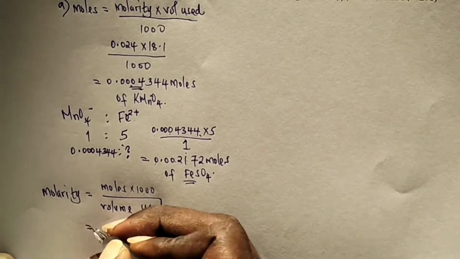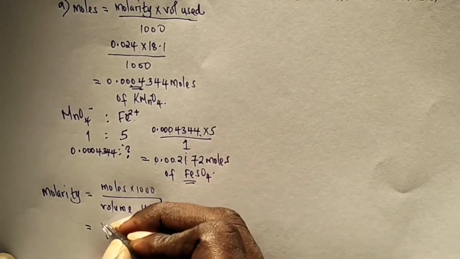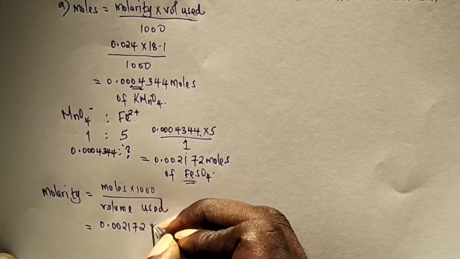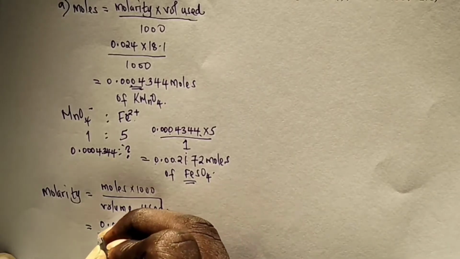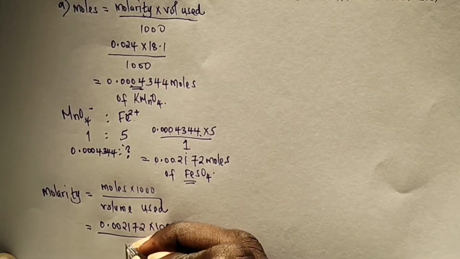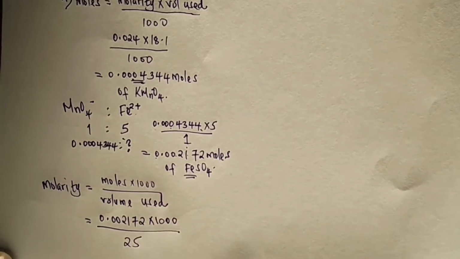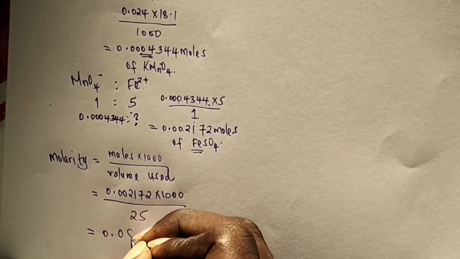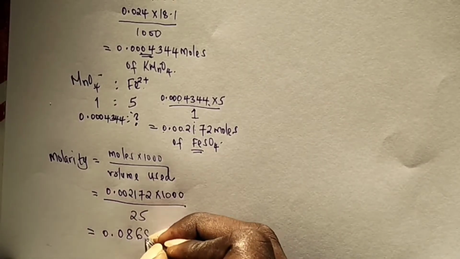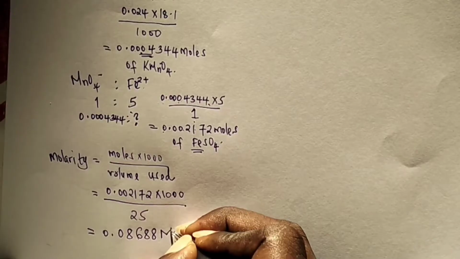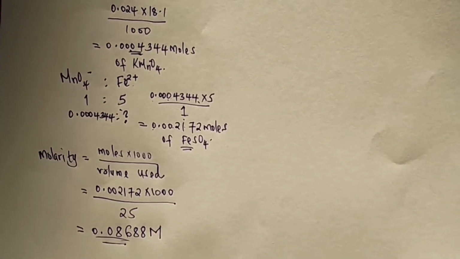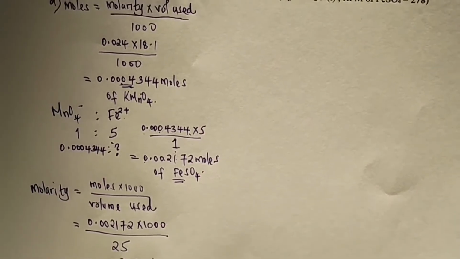Here the moles of iron(II) sulfate solution is 0.002172, multiplied by 1000, which is in the formula, divided by the volume used, which we have said is 25. Using the calculator, what we are going to get is 0.08688 moles per liter. That will be part A. That is how we are going to answer part A.